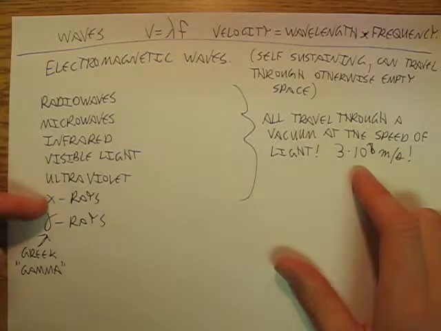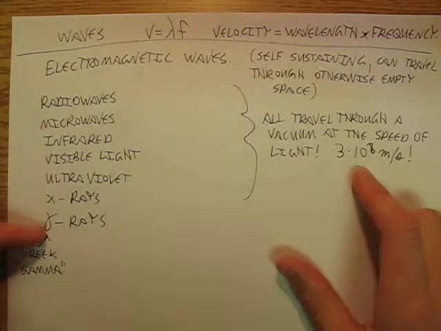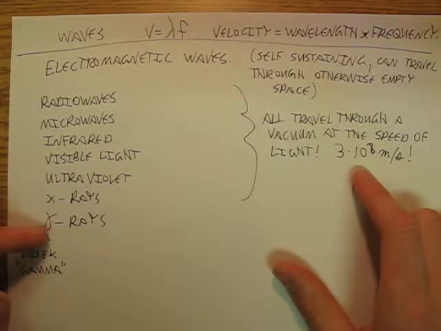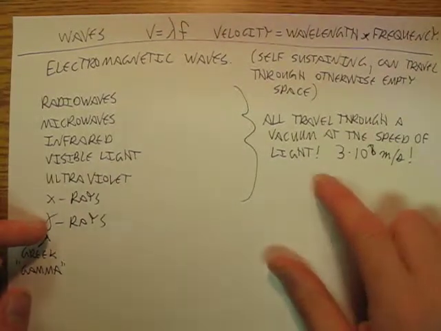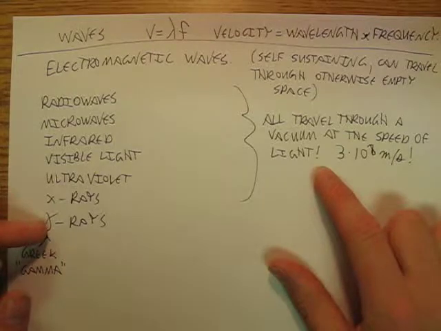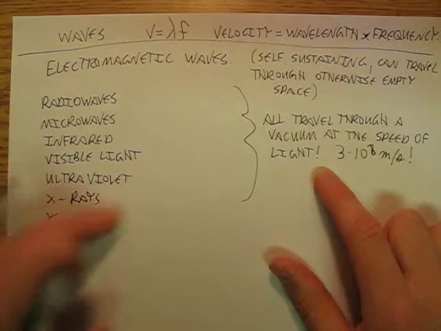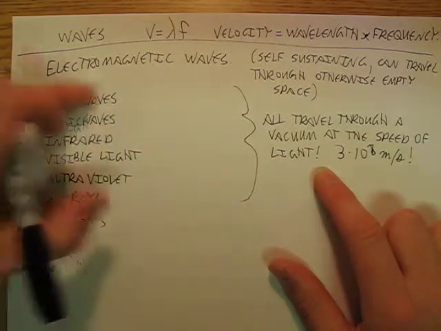X-rays to see if we've got broken bones, and then gamma rays. We can use that in nuclear medicine to try to kill tumors, and that's also maybe sort of detecting terrorist nuclear materials.